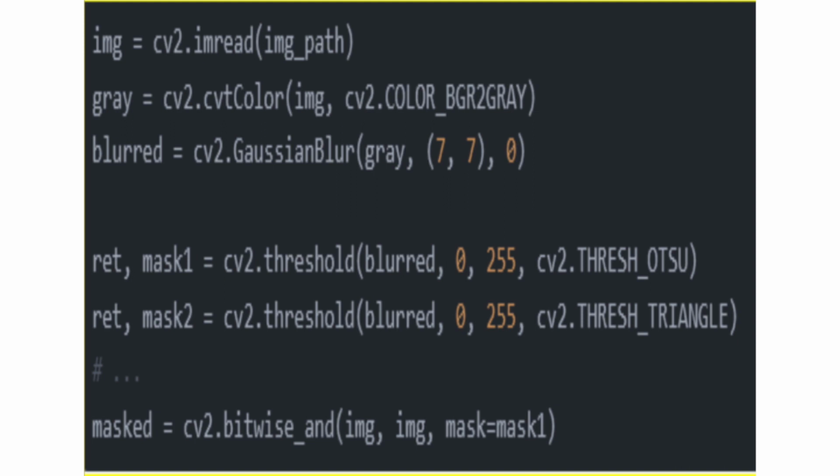Then we are going to use the Gaussian blur image, since the image could contain noise or noisy objects. The blurred image removes this noise from your input image. Then we convert mask 1 with cv2.threshold on the blur with the Otsu method, and mask 2 by converting the blurred image with threshold triangle.